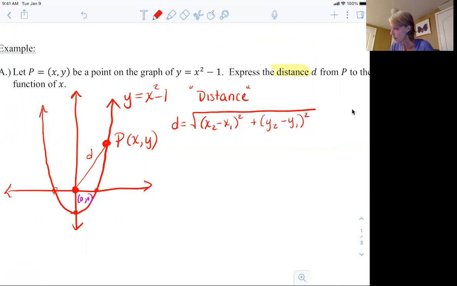So if I want the distance between that point and the origin, I want to find that distance. And again, it's going to represent the distance anywhere on the given curve. We're writing a function.